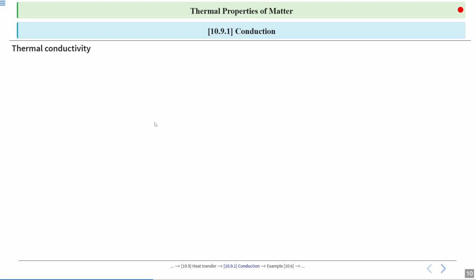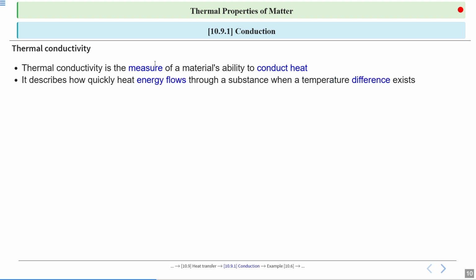Now thermal conductivity. Thermal conductivity is the measure of a material's ability to conduct heat. We can say thermal conductivity tells us about the conductivity of the material. It describes how quickly heat flows through a substance when a temperature difference exists.